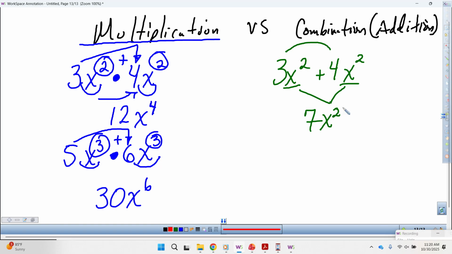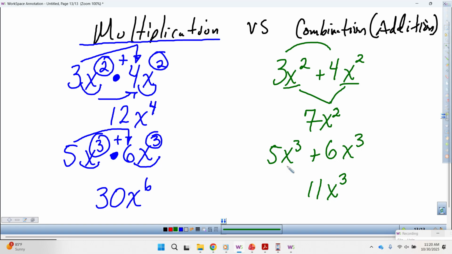Does that make sense? Whereas, if I say, check this out, 5x cubed, I'm talking about dogs, plus 6x cubed. How many total dogs do I have, everyone? 11 dogs, or 11x cubed. Write that down. Write it down, please.